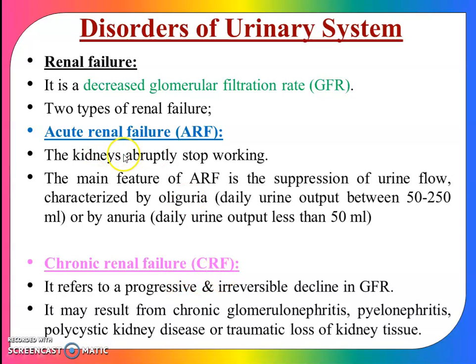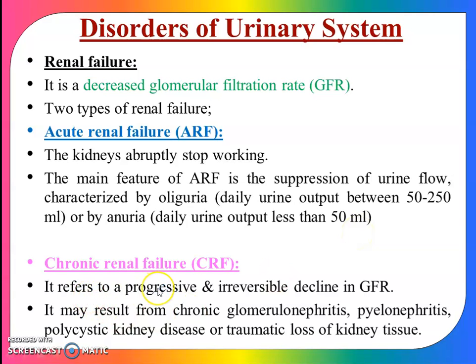In acute renal failure, the kidney stops working abruptly, and the main feature of this ARF is suppression of urine flow, characterized by conditions like oliguria or anuria. Oliguria is when the daily urinary output is between 50 to 250 ml, and anuria means the daily urinary output is very low, less than 50 ml.